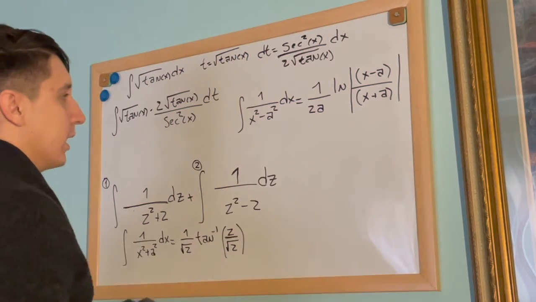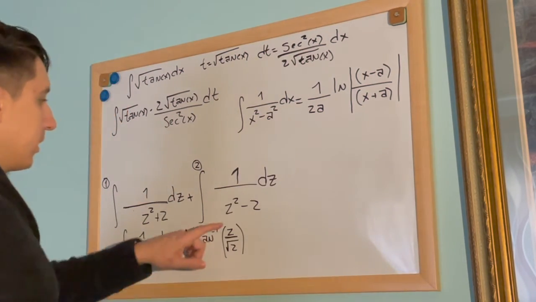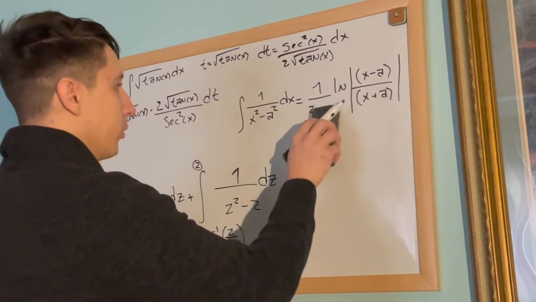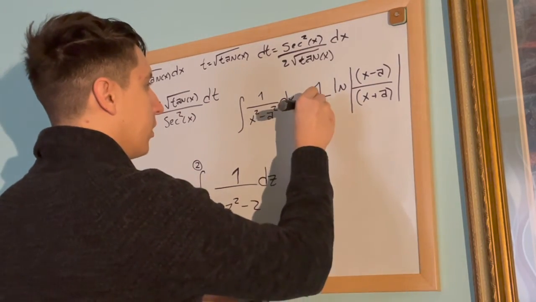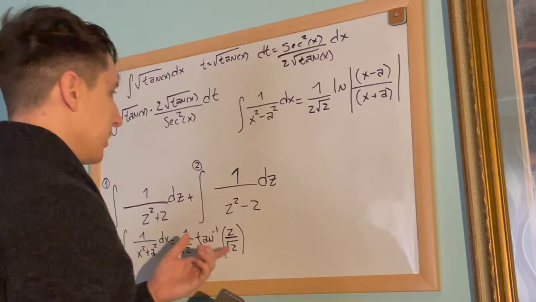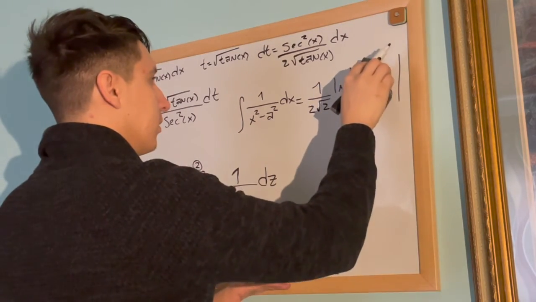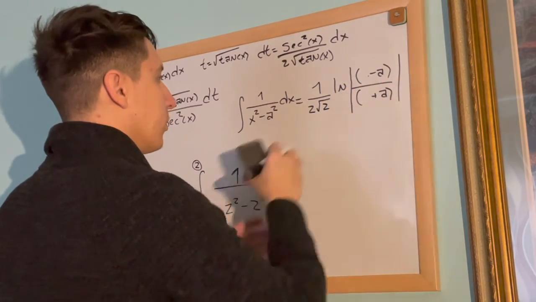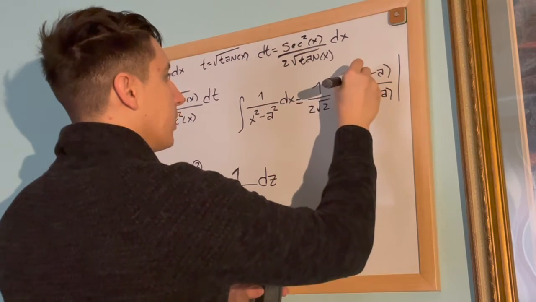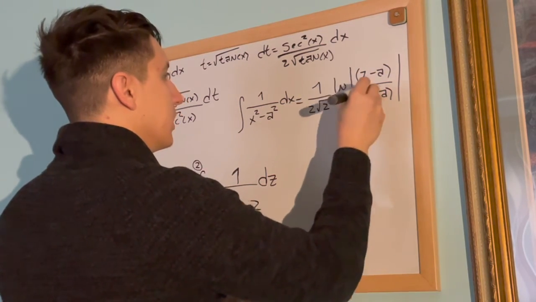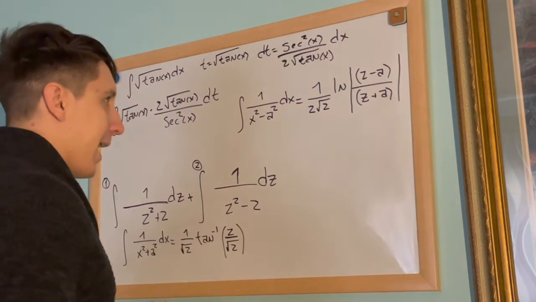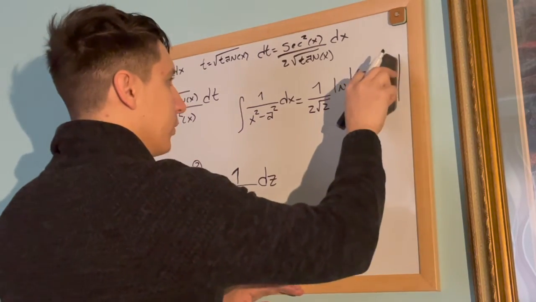And what we can do is actually do the same thing. Here it's just going to be the square root of 2. The x is going to be z, and then our a, of course, is the square root of 2 again.